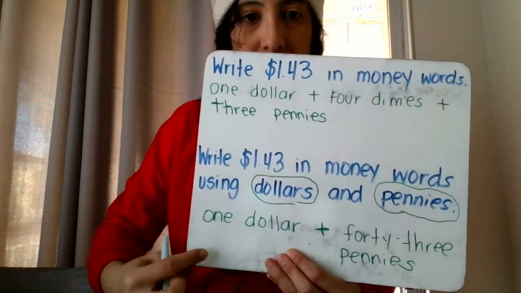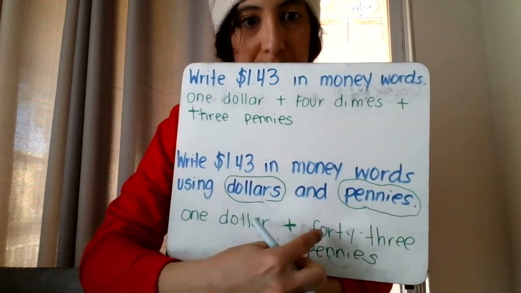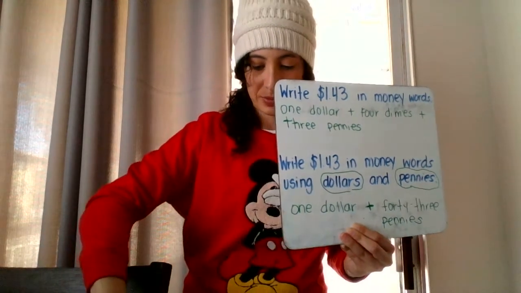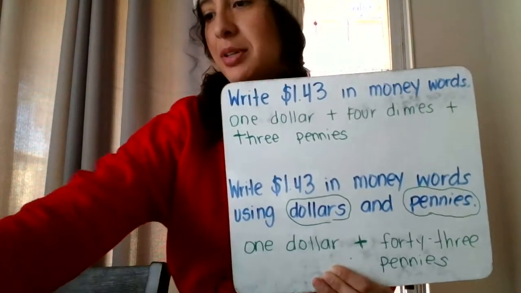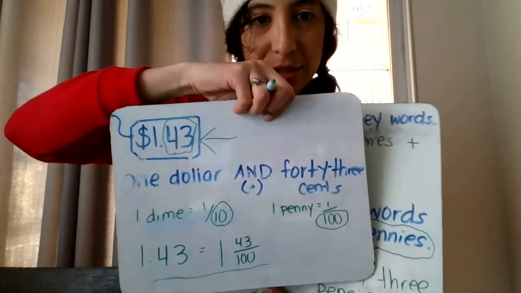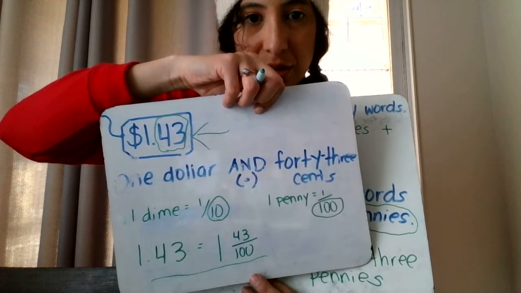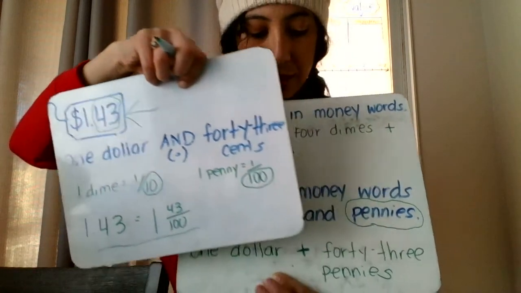So we have $1 plus 43 pennies. Does that match this right here? We have 43 out of 100. 100 is pennies. 43 pennies.